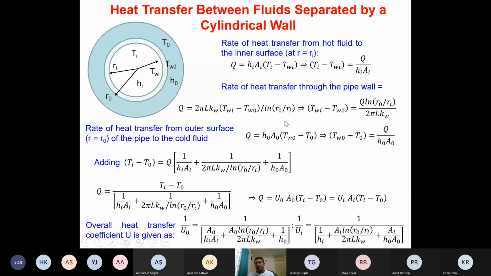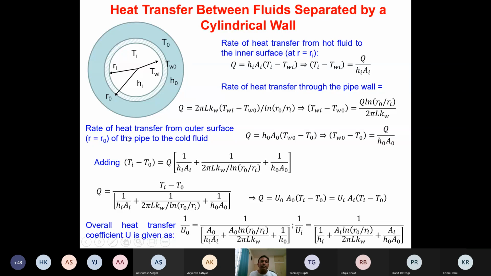R0 is the outer radius of this metal pipe, whereas Ri is the inside radius of this solid wall. Okay. So again we can rearrange this equation. Twi minus Tw0 is given as Q ln R0 by Ri divided by 2 pi L Kw.